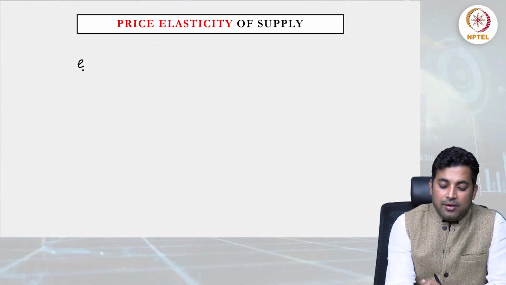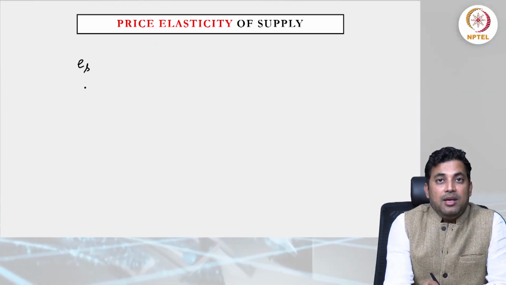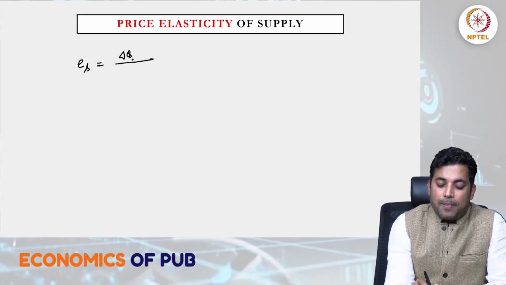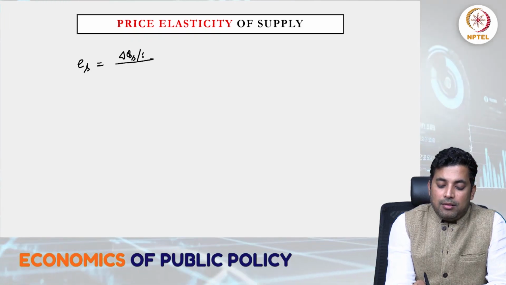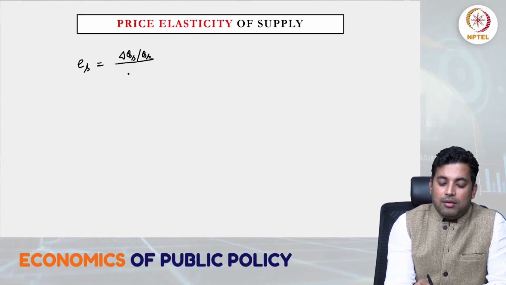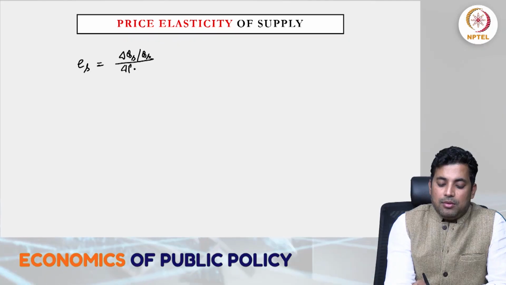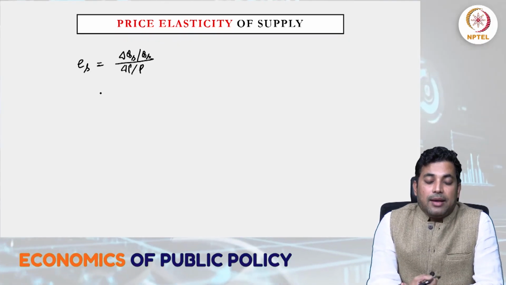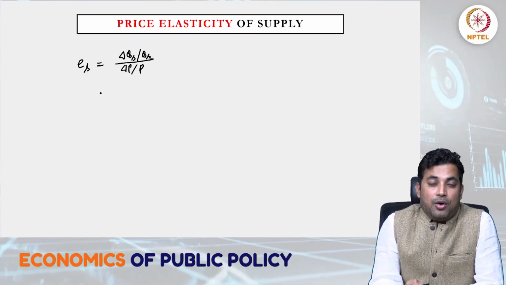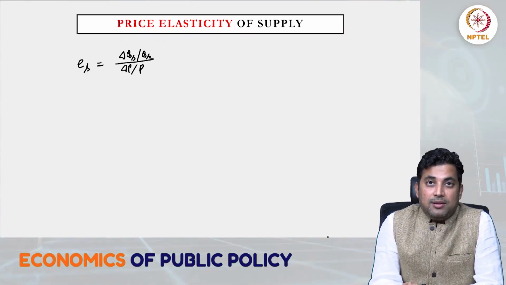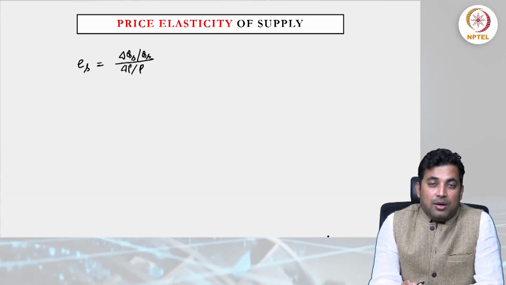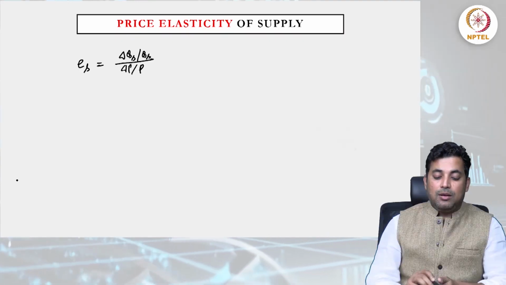So here we write E small s, the quantity supplied due to a change in the price, like due to a 1 unit change or 1% change in the price, how much the producer will change its supply of the commodities.